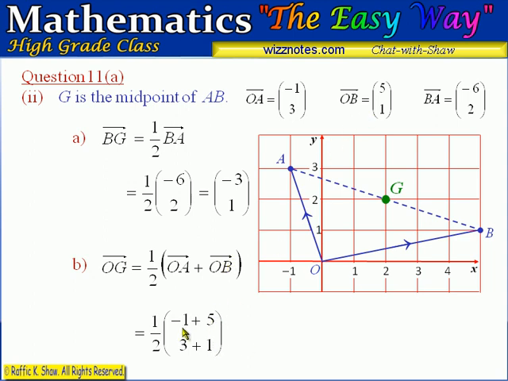So when we do this calculation, -1 plus 5 is 4, and 3 plus 1 is 4. We end up with half of (4, 4). The result is (2, 2), which confirms what's on our diagram. The vector OG is (2, 2). And that's the answer for that part of the question.